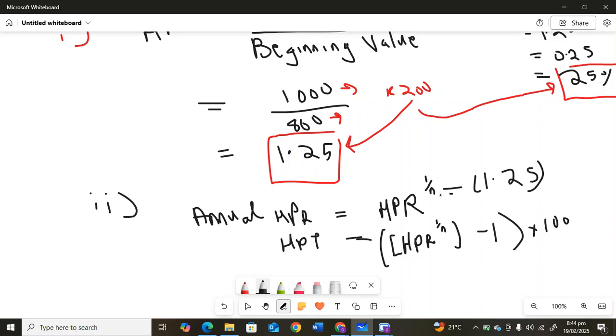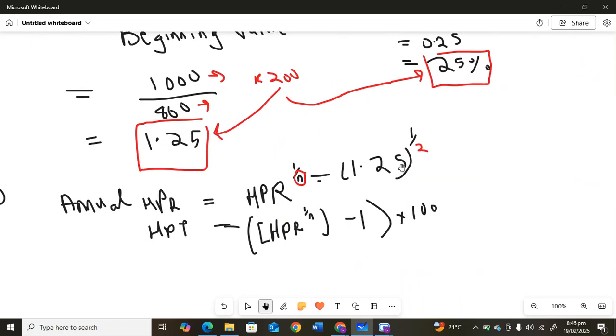This n represents the number of years. Since this investment has been held for 2 years, it will be 1 over 2. So basically, 1.25 to the power half, or what's the square root of 1.25?